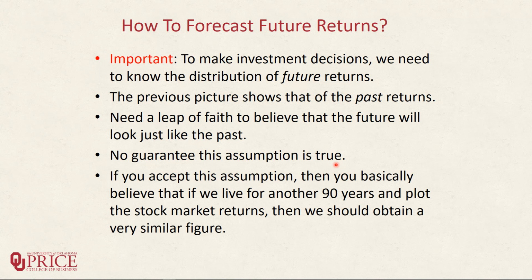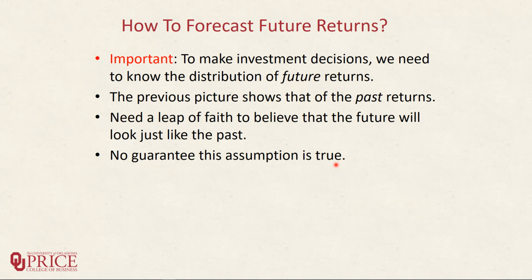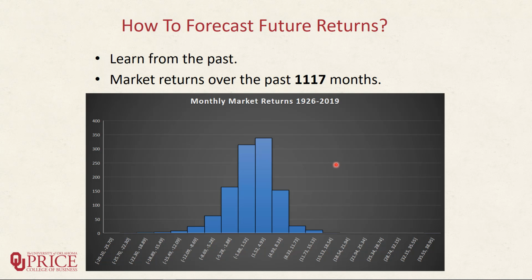So essentially, if you accept such an assumption, you're saying that if we were going to live for another 90 years and look back, and we plot the market returns for the next 90 years in a similar figure like this, then the distribution of that plot is going to look very close to the distribution of this plot. Of course, that's an assumption. Like I said, we don't know whether that's going to be true or not. But that's the assumption.